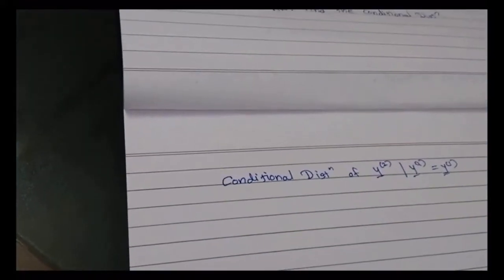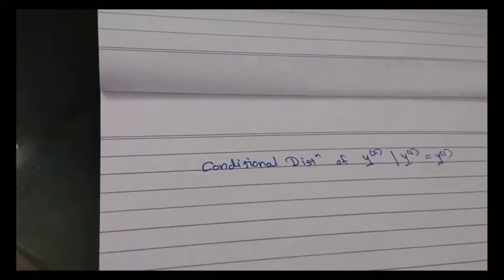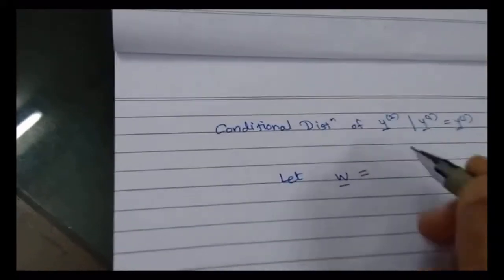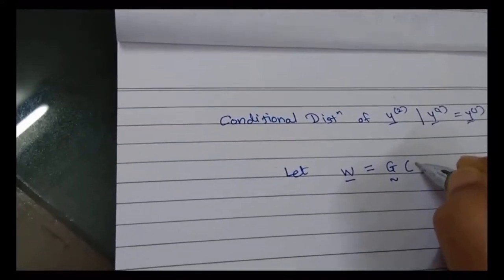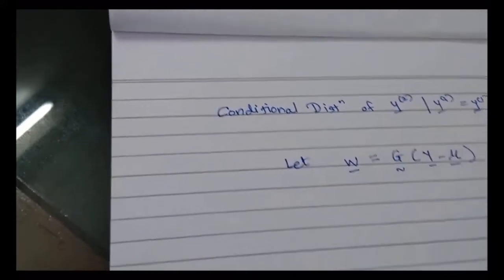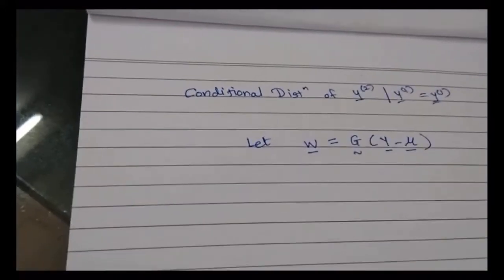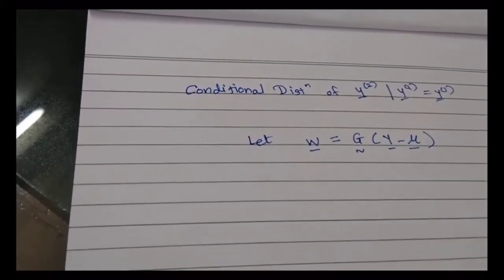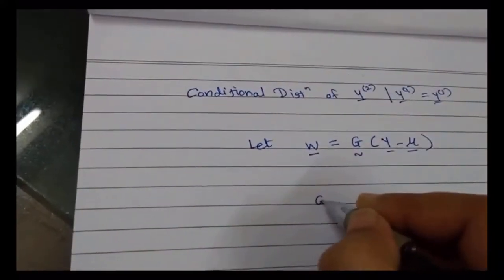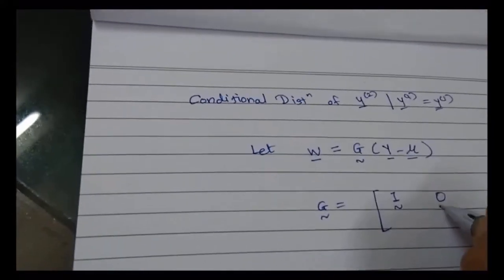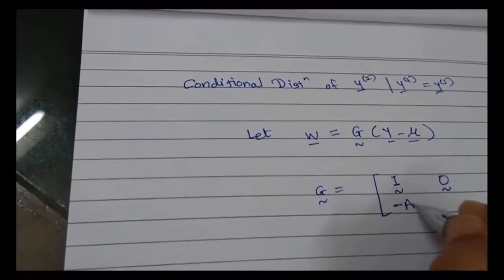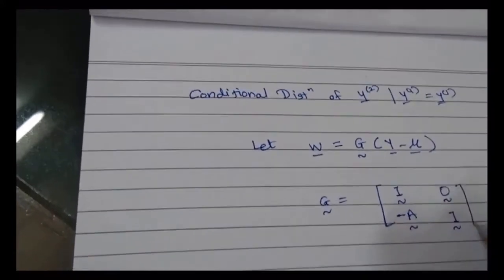So for that, let us try to define a new vector w. Okay, so let w be defined as some matrix G times y minus mu, and I am going to define G as the identity matrix, 0 matrix, then some other matrix minus A, and again the identity matrix.